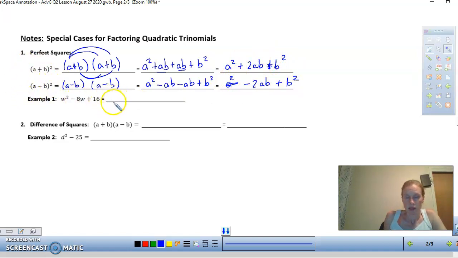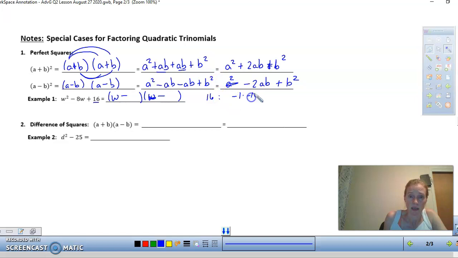Now, not to worry, there's nothing to memorize about that, so please don't try and memorize a formula for that because you're really just going to use the same methods we have been. Okay, you are still going to start with 2 parentheses, w times w, those go there. We have a plus sign here, so to multiply to be positive, but the combined like terms is negative, so we know these are both minus and minus. So what I'm going to do is just list out my factor pairs of 16 with minuses.